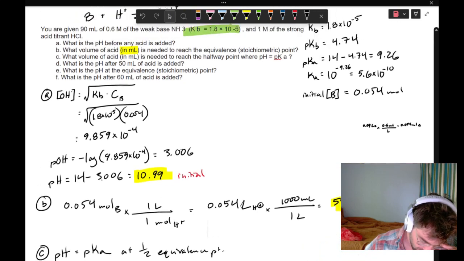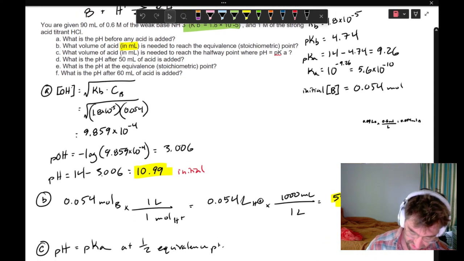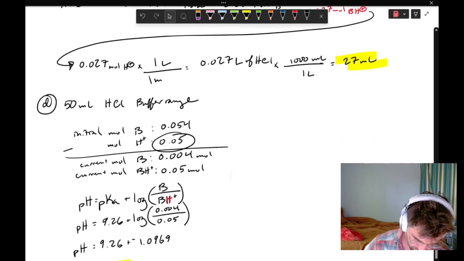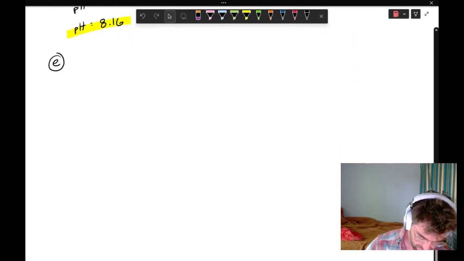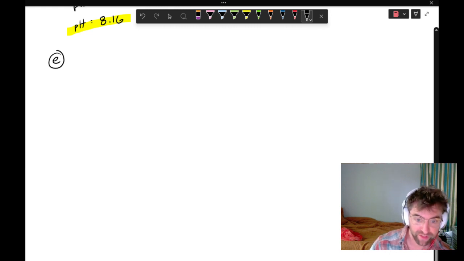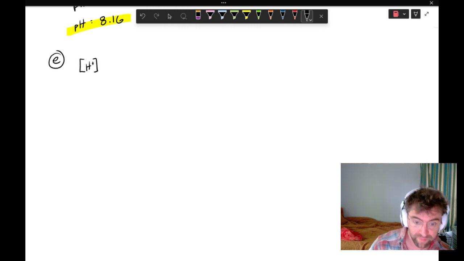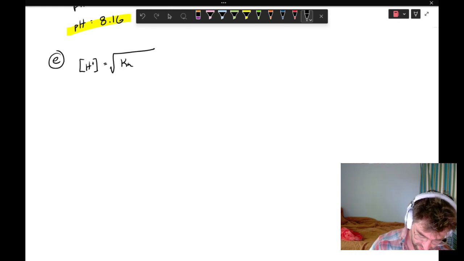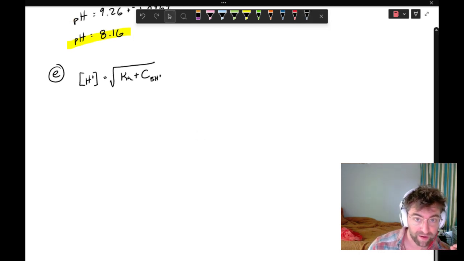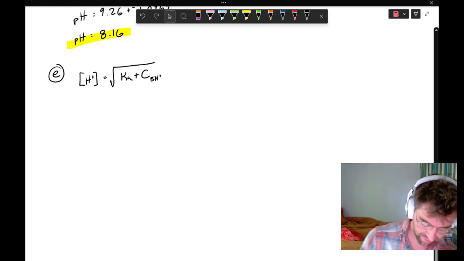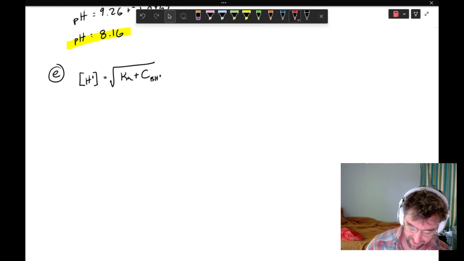E is asking for the pH at the equivalence point, which we already calculated. So we can again use that shortcut. That was Ka plus the concentration of, we're interested in the conjugate acid in this case, since we started with a base. So we need to be careful here. This number includes the total volume that we have after adding our titrant.